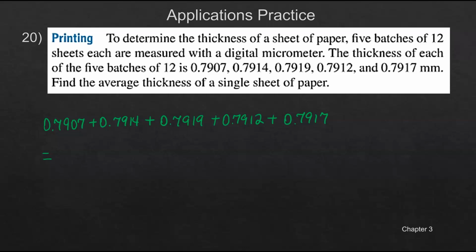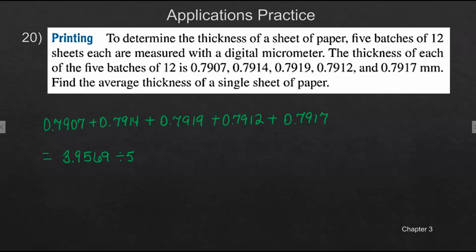Let me make sure I wrote those down correctly. And we get 3.9569. Now that is the total of all these batches, and then we're going to divide to see what the average of these would be. So we divide by 5.